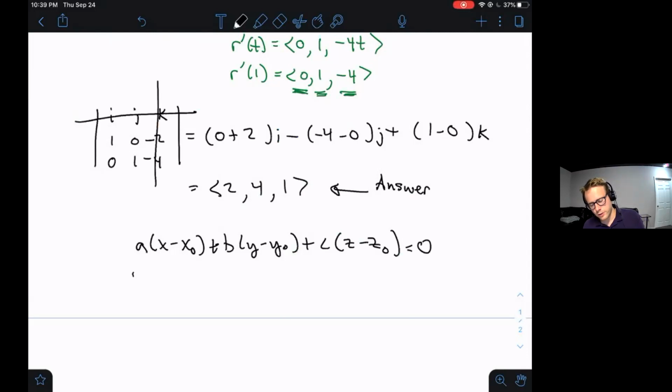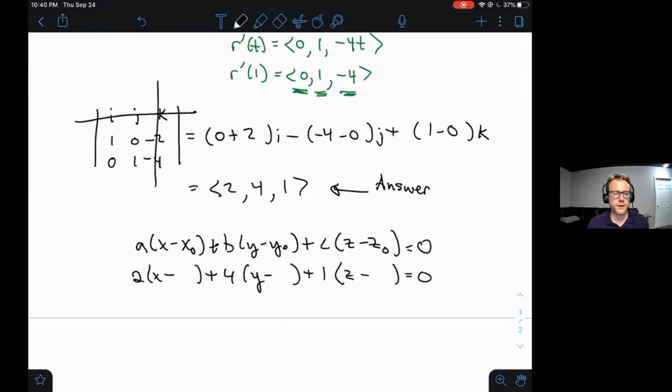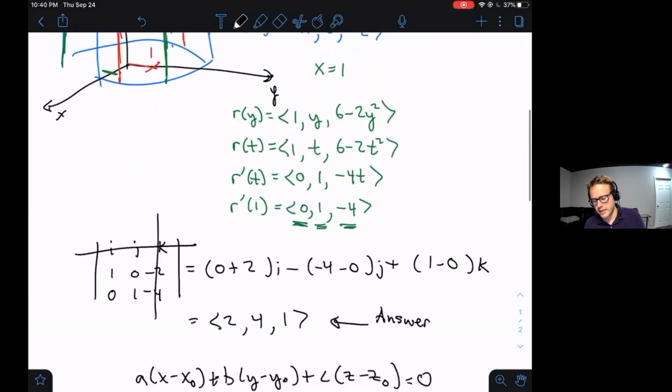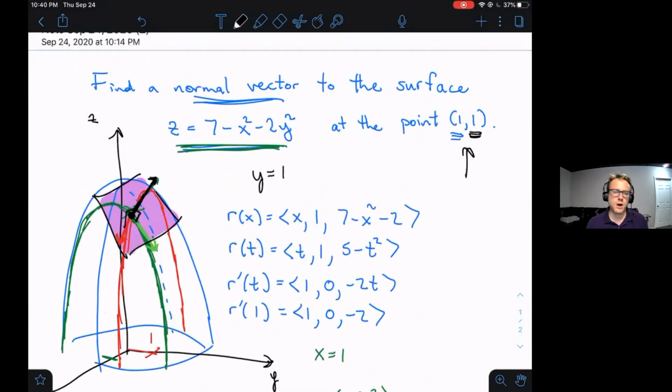So we have 2, 4, 1. That's that normal vector. And we have x minus some x point, y minus some y point, and z minus some z point equals 0. Well, we know that the special x point and y point were given to us. We were very interested in all of this, not at any old random x's and y's, but at the point 1, 1.